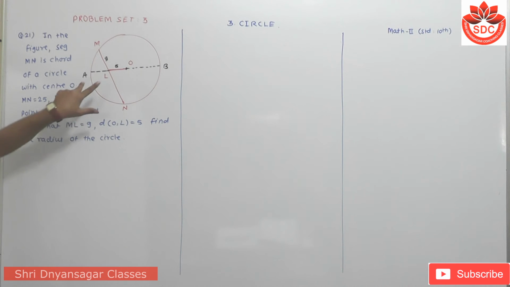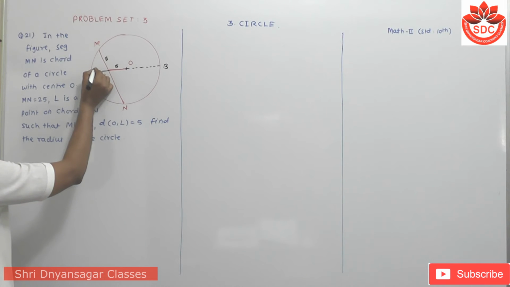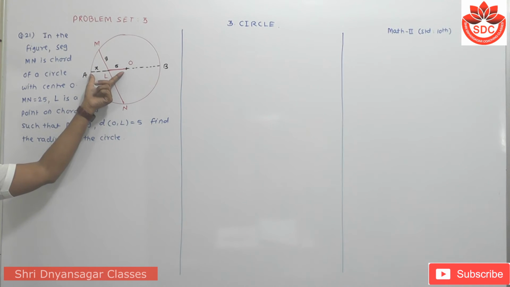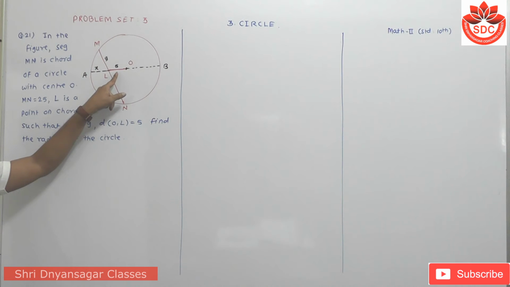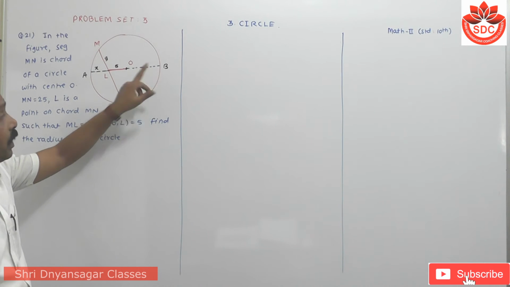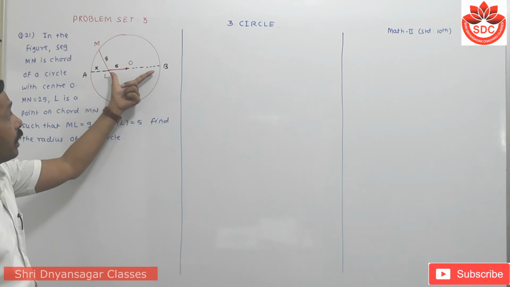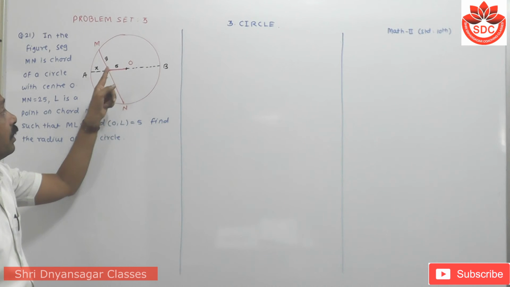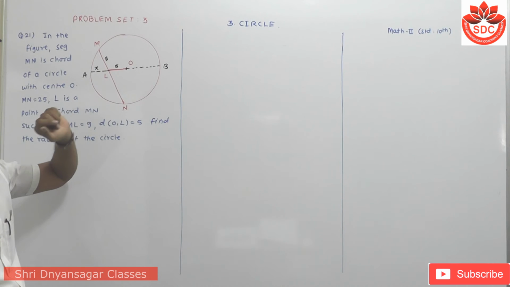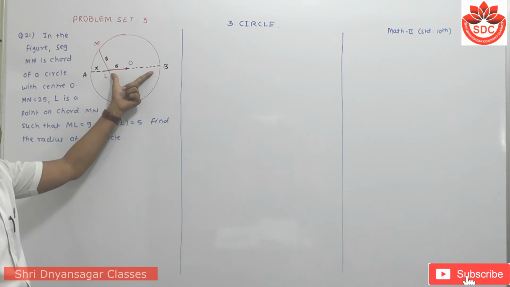Now suppose AL is equal to x, then OA is equal to x plus 5. So OA is x plus 5, and OB is also x plus 5. Then you have to find the value of LB. How to find it? 5 plus x plus 5, that is x plus 10. This is the value of LB.